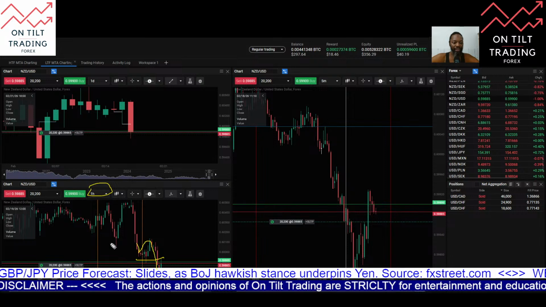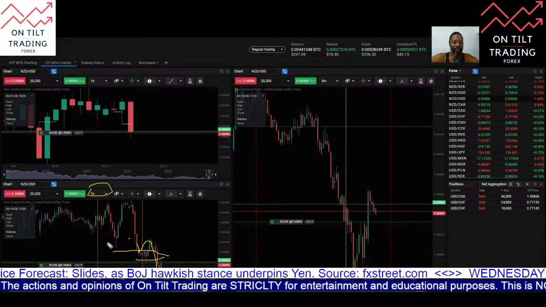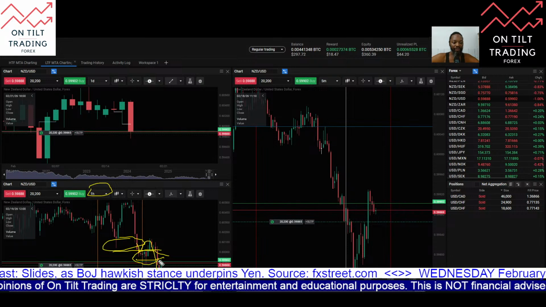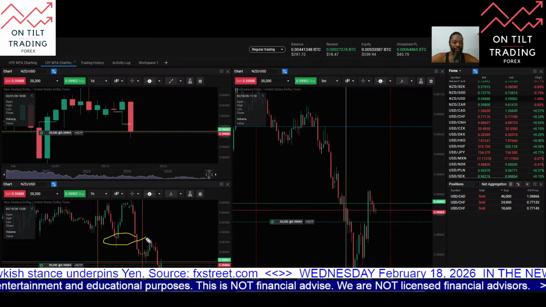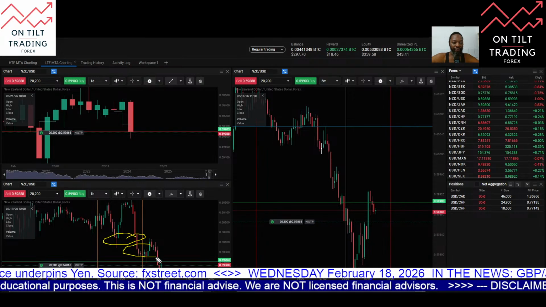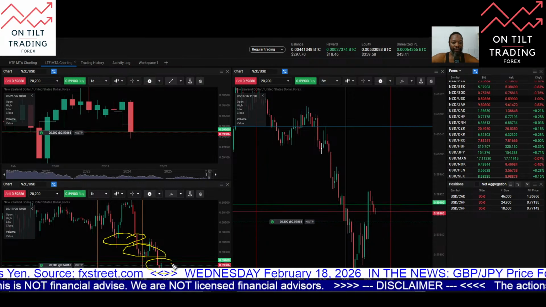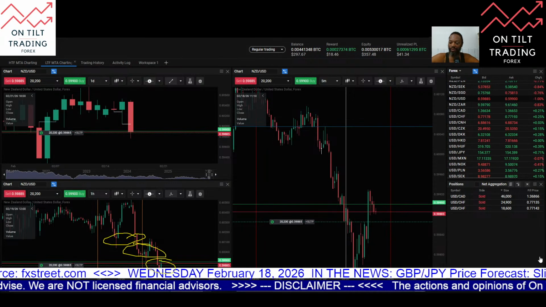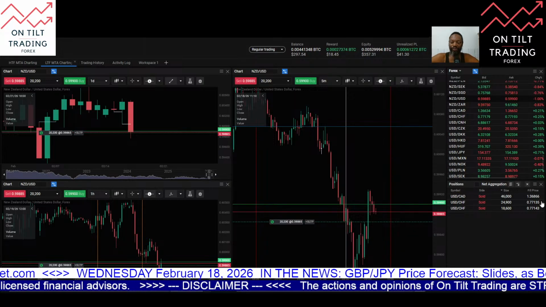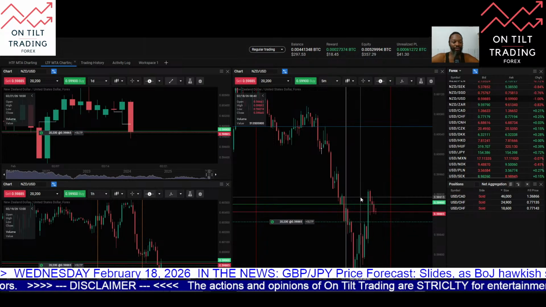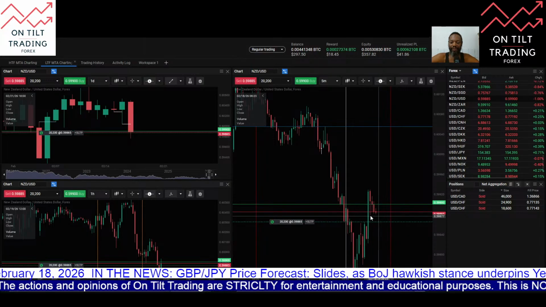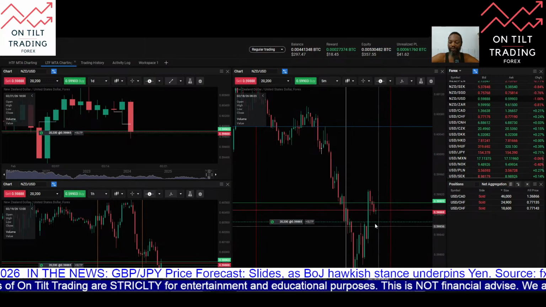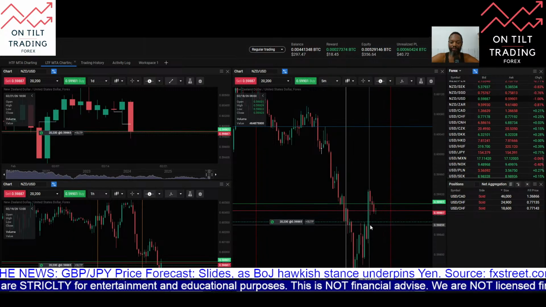Also during the Asian session, you can see this being the Asian session timing, here being the London session timing, and now the New York session timing. So based on my trade criteria, this is actually finally set up for me to be able to take a position here during the New York AM session.